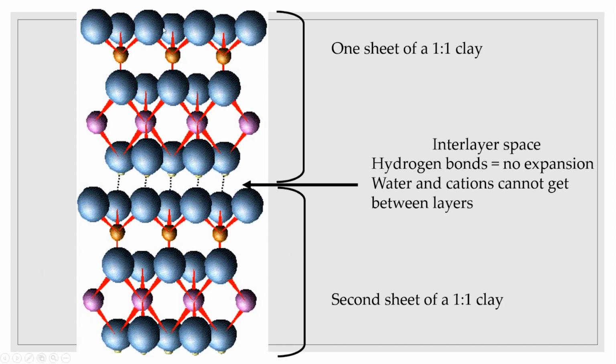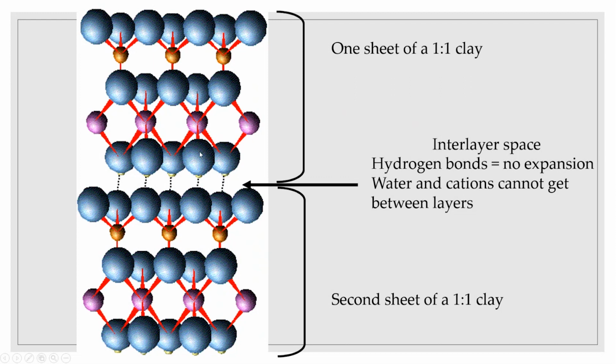Okay, so here's another look at this. We have our tetrahedral here that is now attached to this octahedral. So our tetrahedral, octahedral, tetrahedral, octahedral. These hydrogen bonds are what stops that expansion. Remember that on our octahedral, there are going to be hydroxyls.